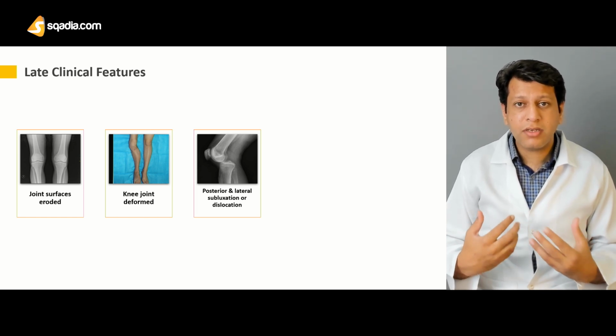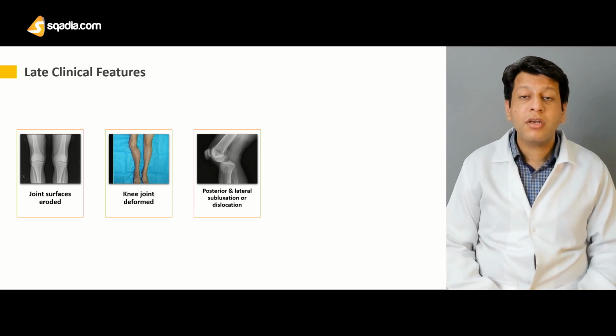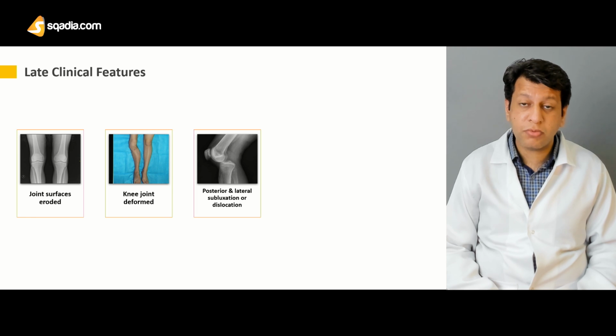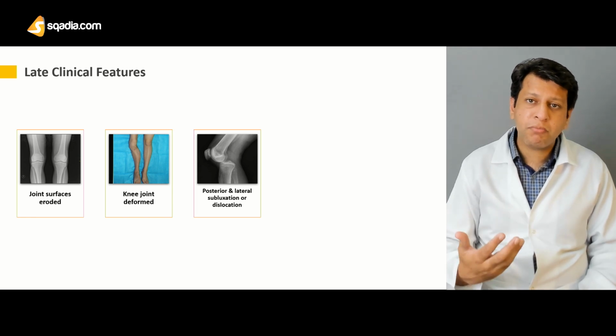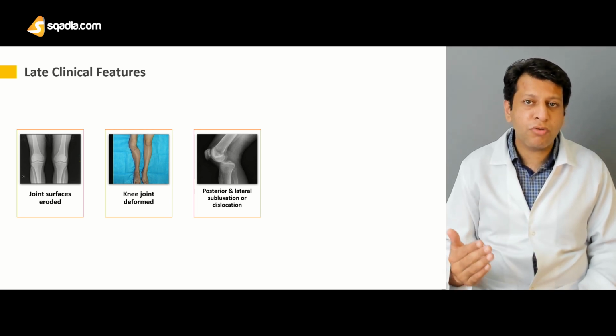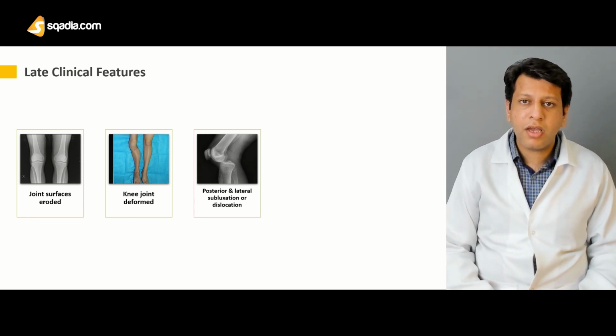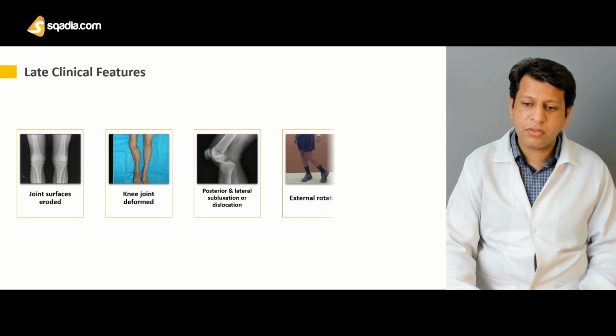Due to this laxity or rupture of the ligaments, this results in posterior lateral subluxation or even dislocation of the knee joint as well. At times the patient's actual presentation was a dislocation secondary to trivial trauma, but once it was further investigated, it eventually turned out to be tuberculosis.